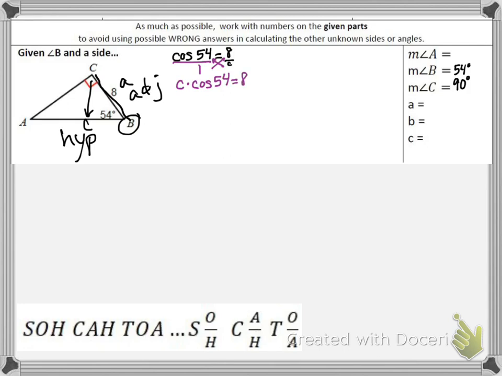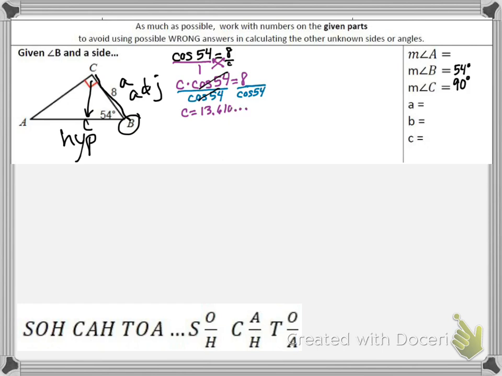And I need to get my C by itself, so I'm going to divide by cosine 54, divide by cosine 54. I hate it when this fraction bar doesn't go all the way over, so let's make sure we do that. That gets the cosine 54 canceled out, and we get C equals 13.610, a whole lot of things out there.